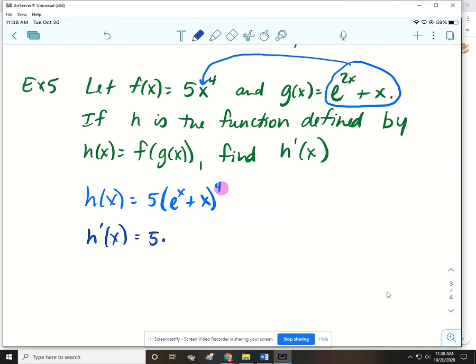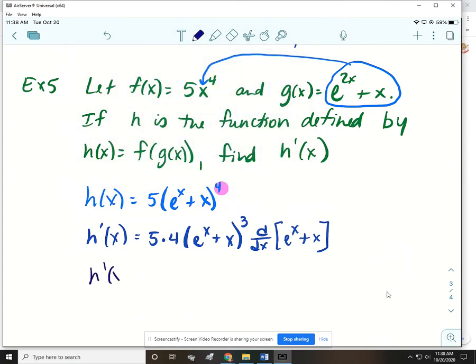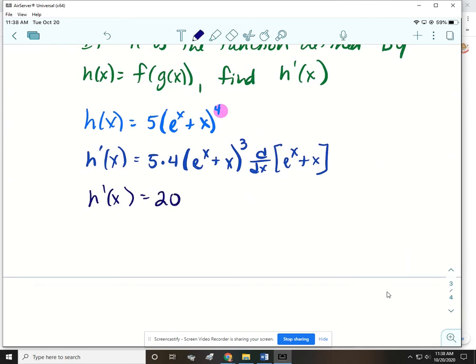So we will multiply by that power, leave the something alone, and take 1 away from the power. And then we would have to multiply that by the derivative of that something. Okay, so then I'll start doing my multiplication. So 5 times 4 is 20.